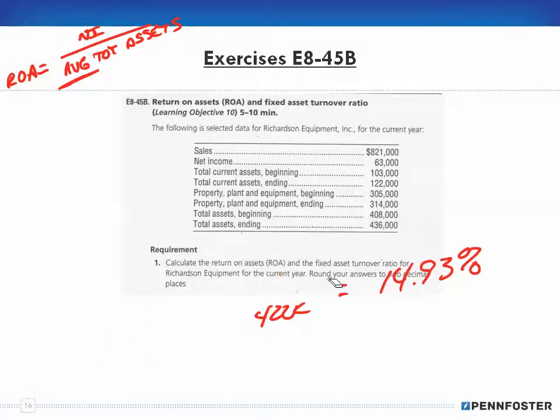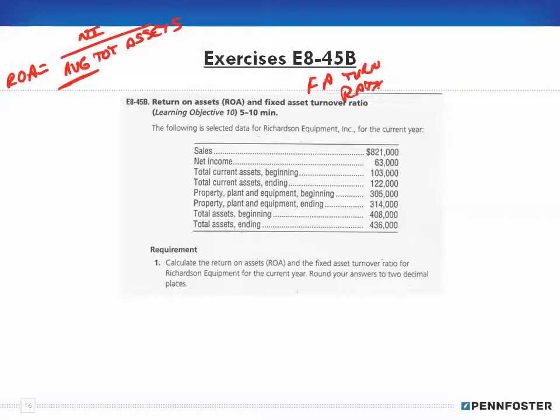Now, fixed asset turnover ratio. The fixed asset turnover ratio is equal to our sales over our average fixed assets.